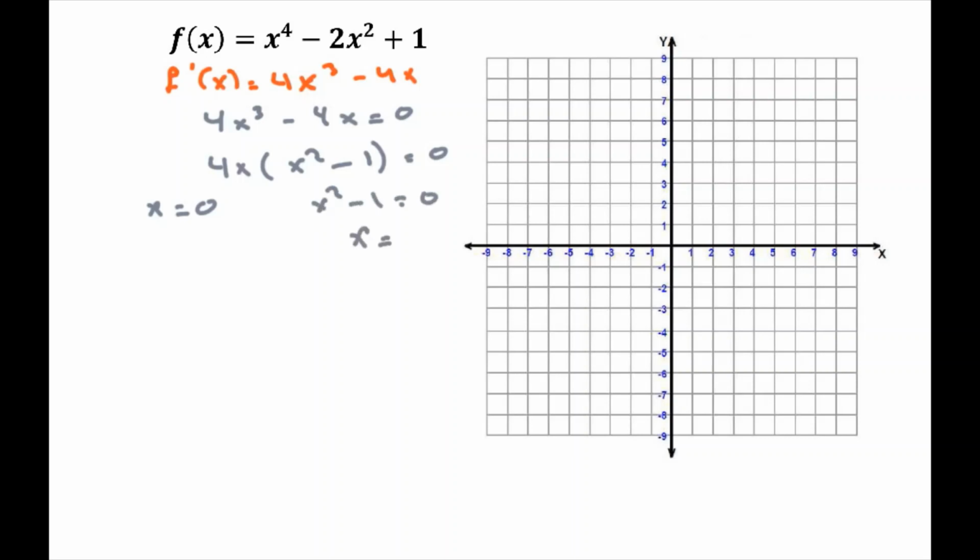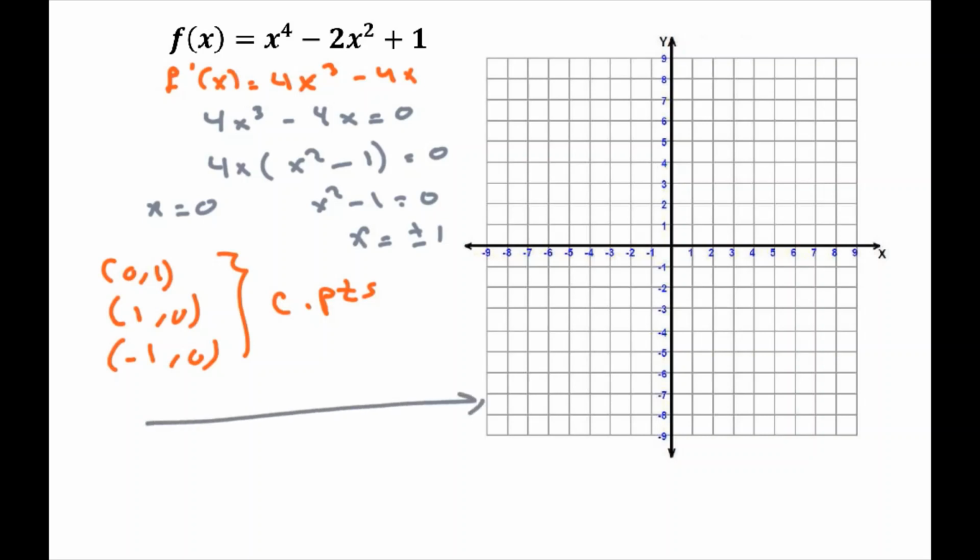That means x equal positive or negative 1. So I do have 3 points here: 0, 1, then 1, 0, and negative 1, 0. So these are my critical points.